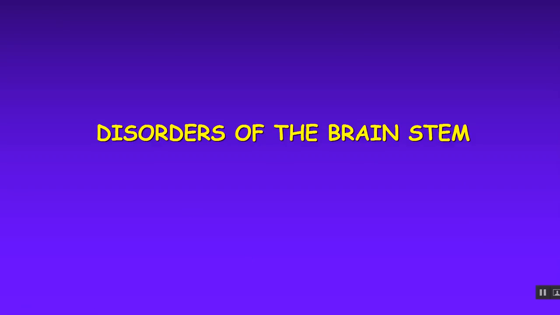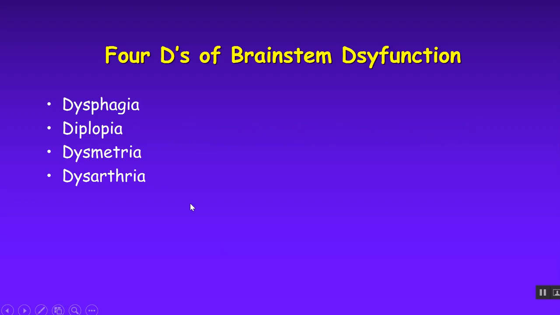So, disorders of the brainstem. Remember, we've talked about this before, the 4 Ds of the brainstem. If you have a lesion involving the brainstem that's at least a reasonable size, you will likely have at least one or more of these 4 Ds.